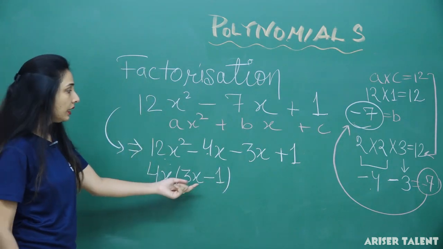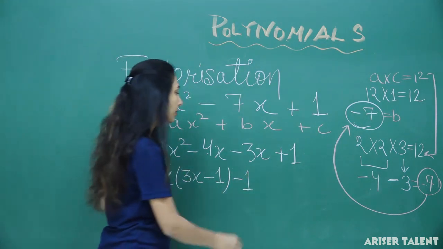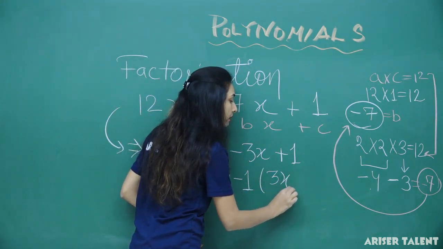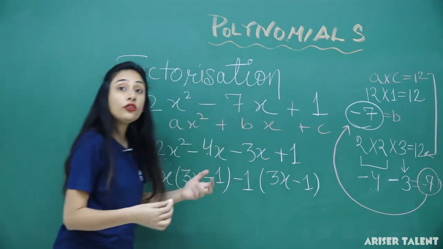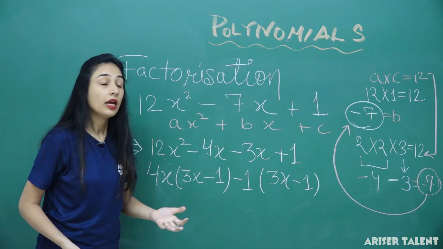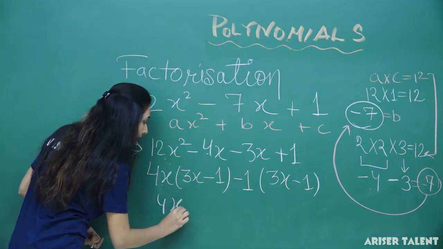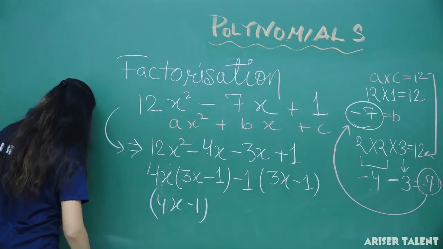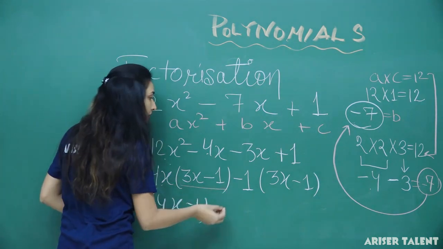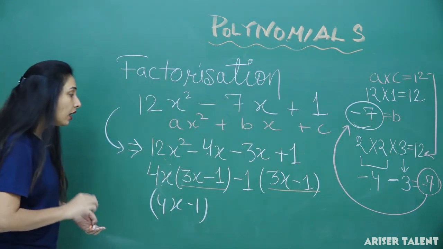This is 1 here. Now take −1 common. You can take −1 common. What will it be? 3x − 1. What will be our benefit from this? Why are we doing all this exercise? Because we are getting this 4x(3x − 1) here and this −1(3x − 1) here, and this 3x − 1 is again a common thing.